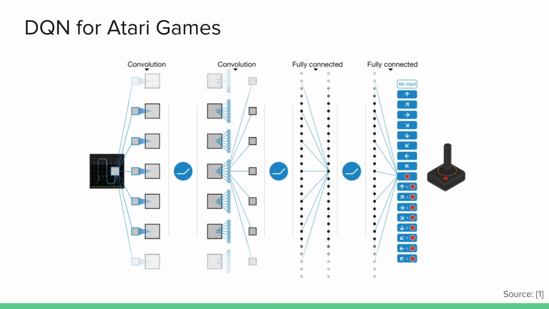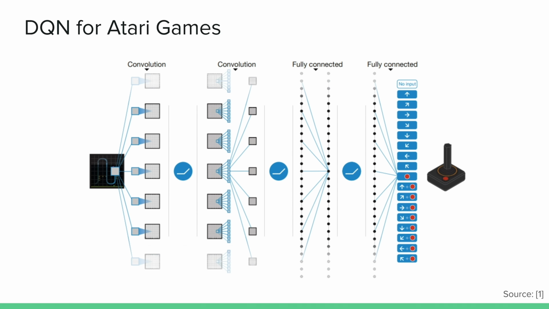So you can have a couple of fully connected layers in the end, and then they predict which action you should take at each time step. And DeepMind, they have been working on this for a long time now, have shown that it works for a wide range of situations.